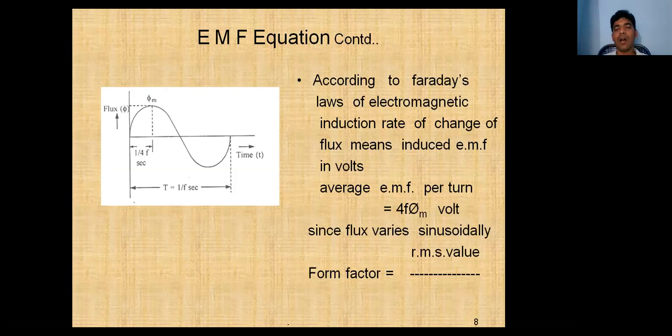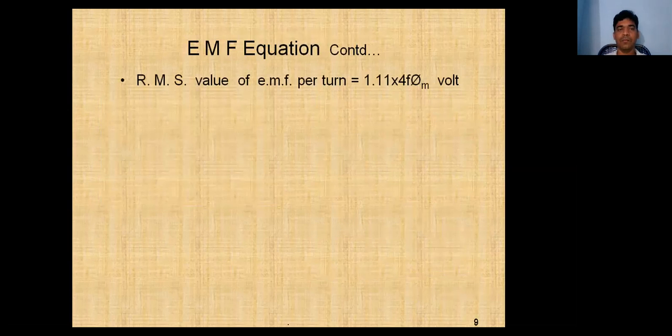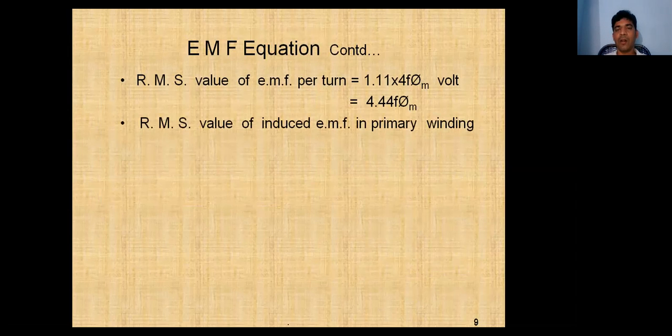Since flux varies sinusoidally, form factor is equal to RMS value by average value. We need RMS value, so RMS value is equal to form factor into average value. Form factor is 1.11 and average value is 4F phi m. RMS value of EMF per turn is 1.11 into 4F phi m, that is 4.44 F phi m.